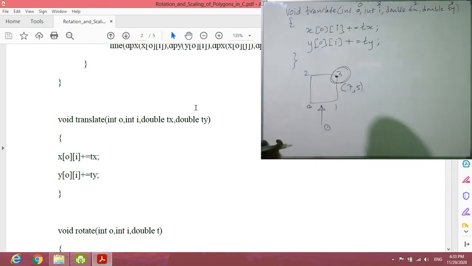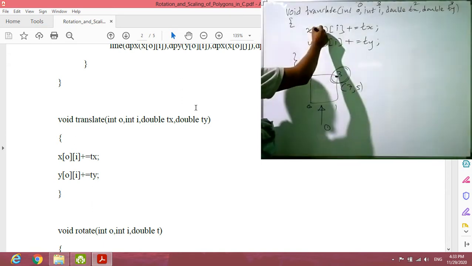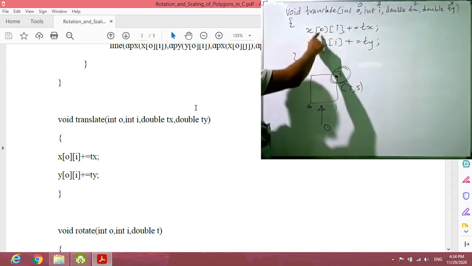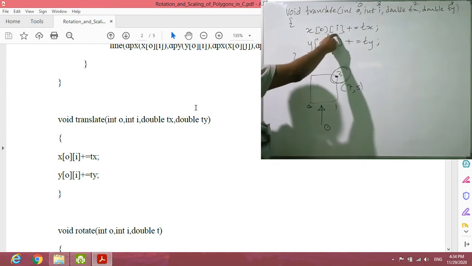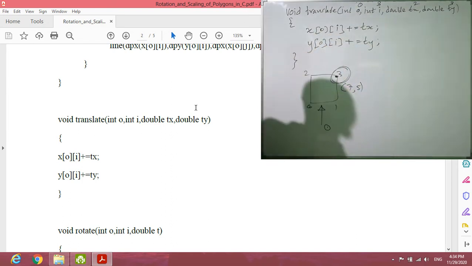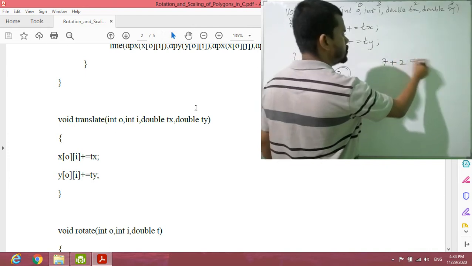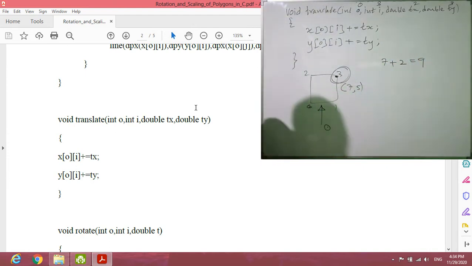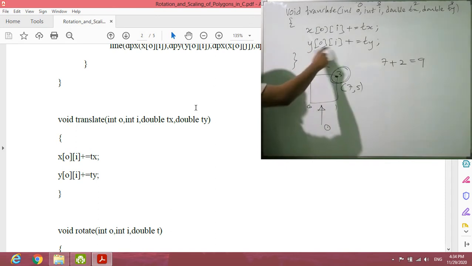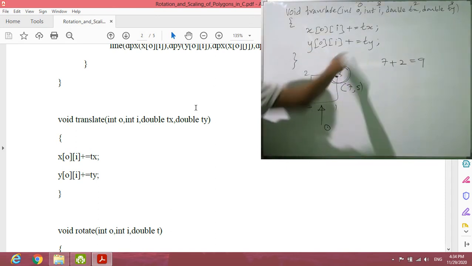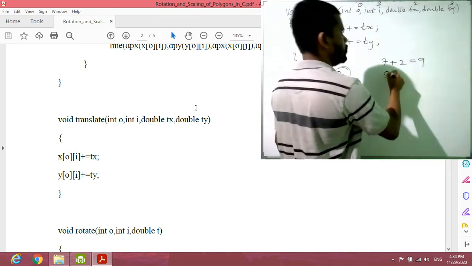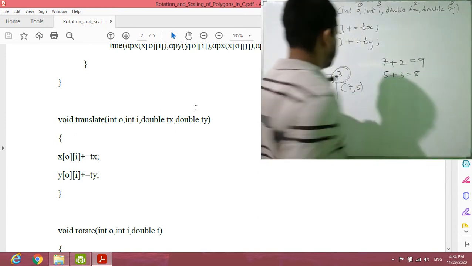Then what happens? To x we add the tx amount, that means 7 plus 2, 9. To y we add the ty amount, 5 plus 3, 8.